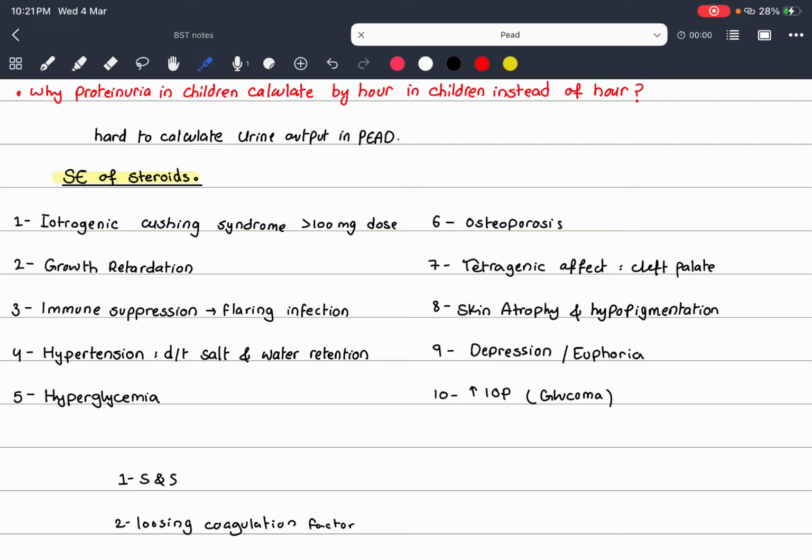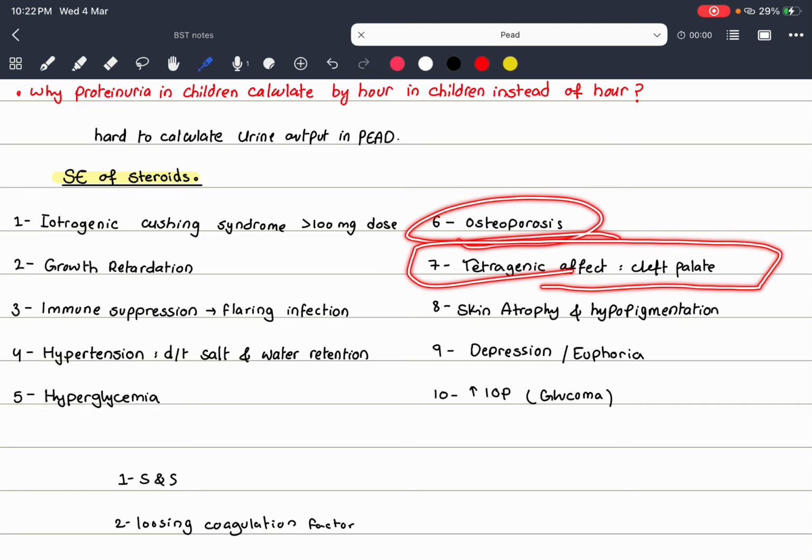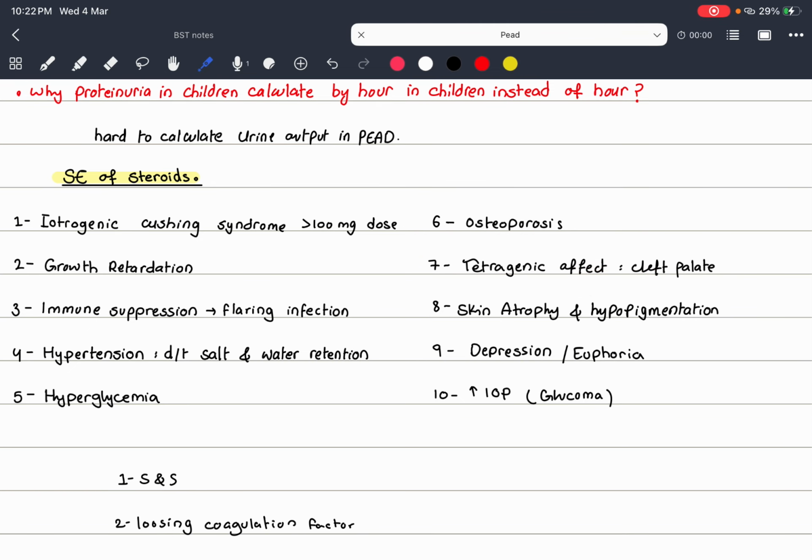And hyperglycemia, because remember glucocorticoids are increased. Revise the physiology for this. Osteoporosis, teratogenic effect for mothers, like cleft palate, skin atrophy, and hypopigmentation. Hypopigmentation when you give someone steroids.